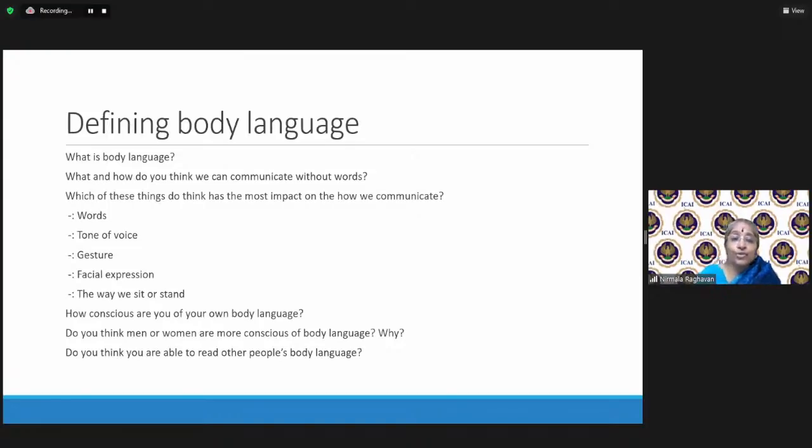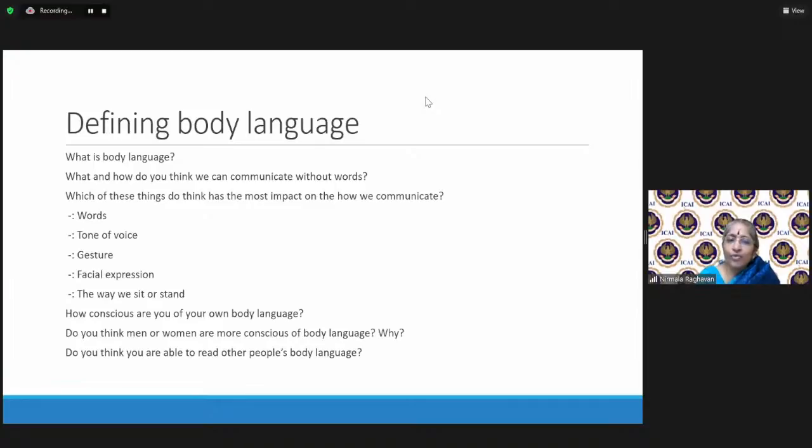How conscious are you of your own body language? Are you really conscious of your body language? Yes, definitely when you meet strangers, when you are in an interview, when you are in an office where you have to answer something or ask something, then you also plan your body language.